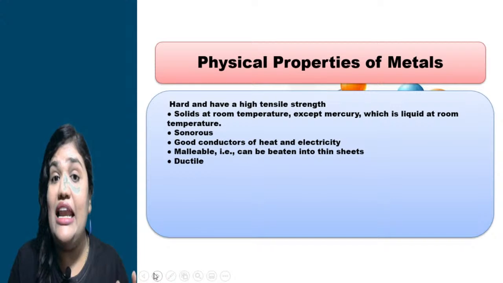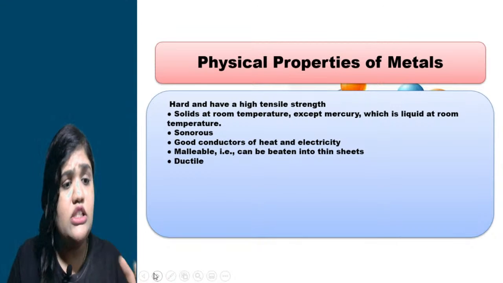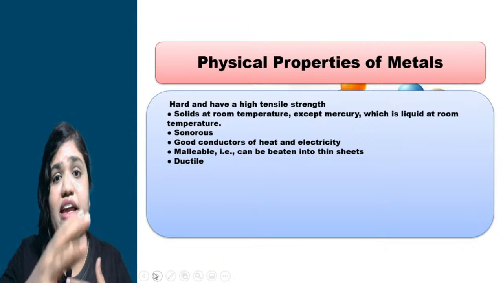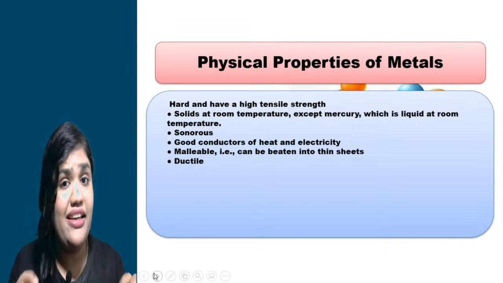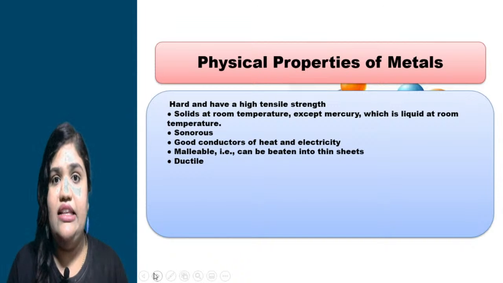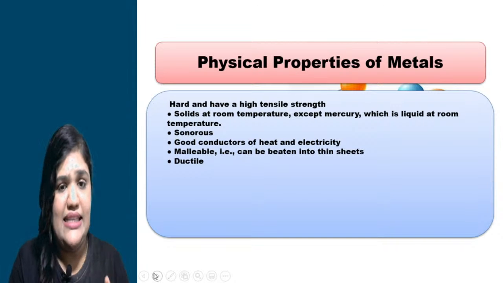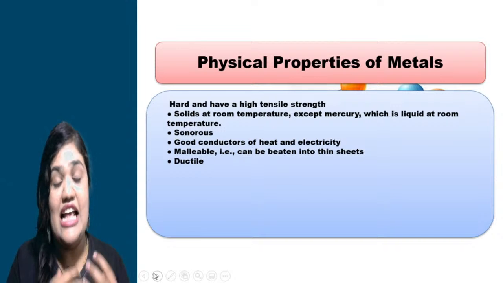So see, they are malleable, they are ductile in nature. What is malleable? That means we can beat the metal and convert it into thin sheets. That is the special characteristic of metal, everybody. Ductile. What is the meaning of ductile? Basically ductile means we can shape metal as we want.